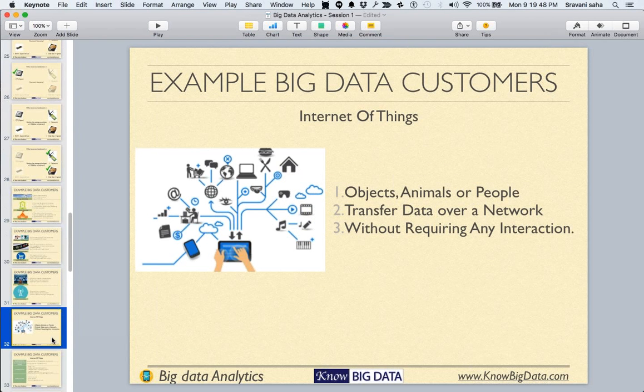Now the question is, first let's understand how Internet of Things impacts you to use the big data technologies. If you have more and more sensors across the network, there are a few things which are changing.